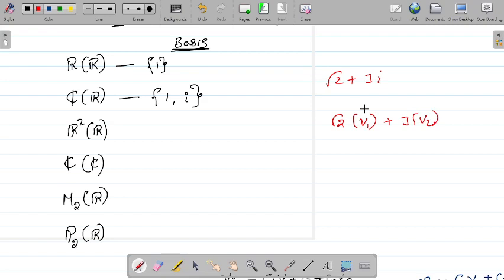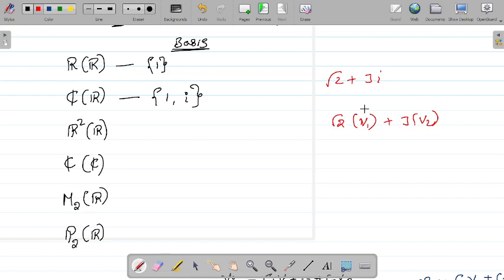And they are independent. Negative 1? Yeah, you can take negative. Okay, you want to get -1 from these two? Yes, sir. Okay, -1 is nothing but -1 times 1 plus 0 times i.